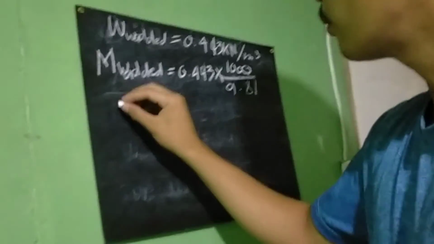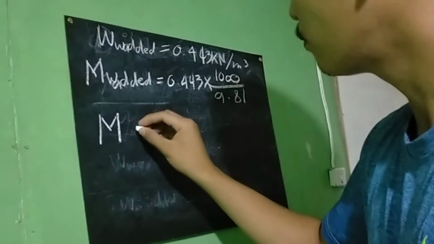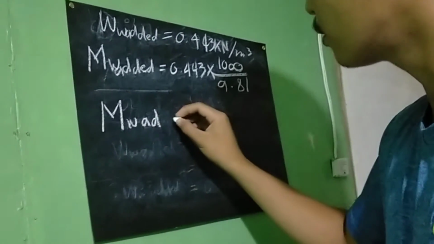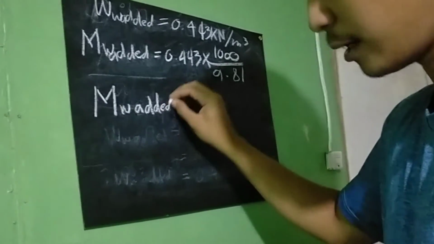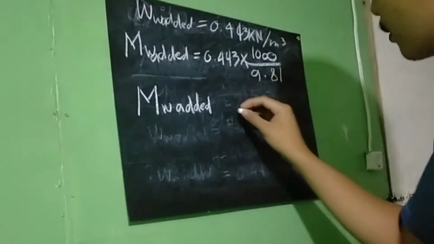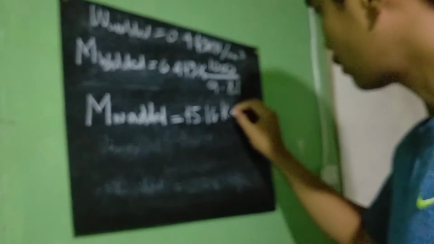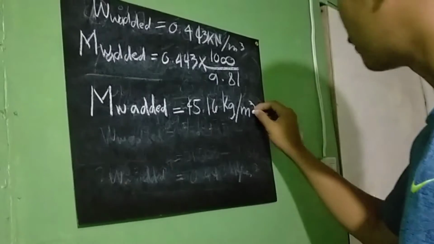So now we have the answer for letter C. The mass of water added is equal to 45.16 kilogram per meter cube.